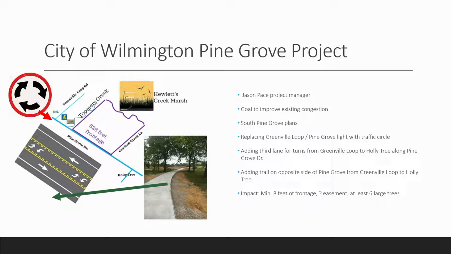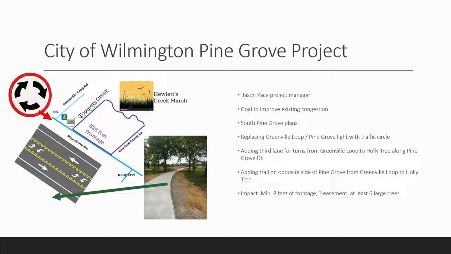They plan to take out the traffic light at the intersection of Greenville Loop and Pine Grove, replace it with a traffic circle, add a third lane along Pine Grove, that stretch in front of our property, which would be a turning lane, and then on the opposite side of Pine Grove, across from our property, extend the trail.